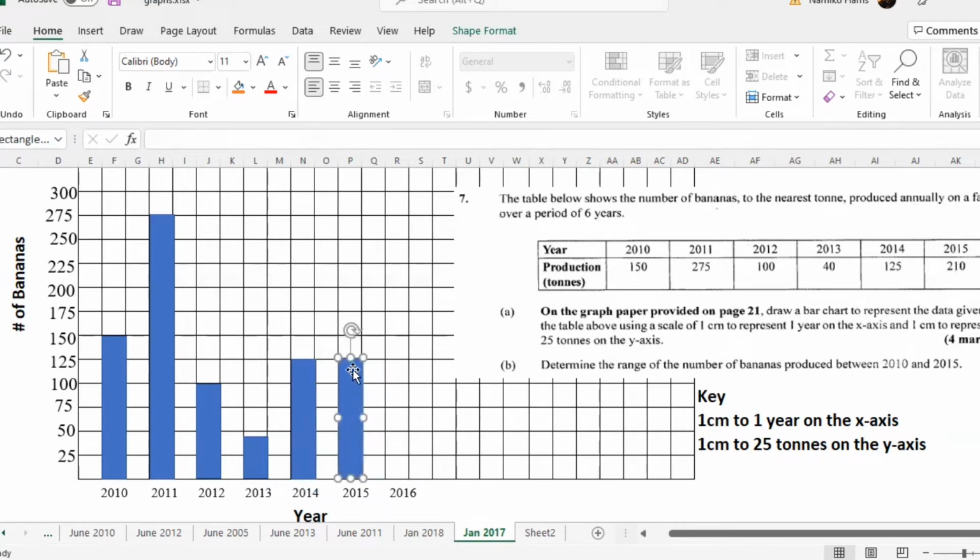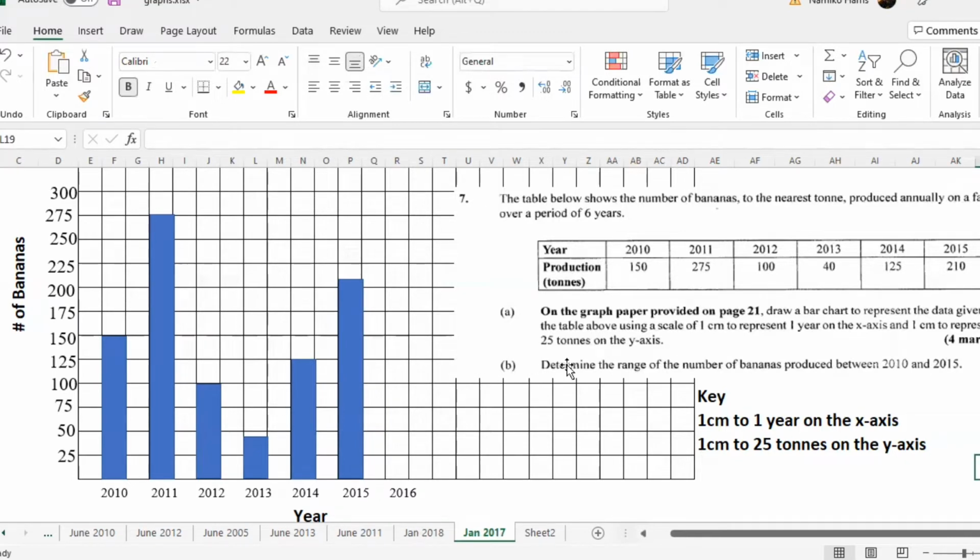So 2015, and we go up to a height of 210. So it will be a little over 200. And that is what our bar will look like. So we've completed our bar chart, and we got our 4 marks.